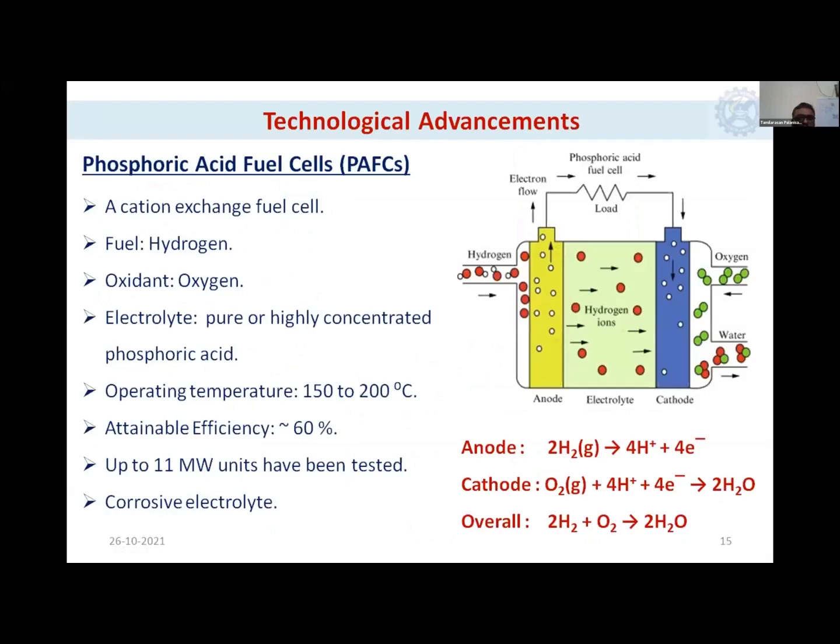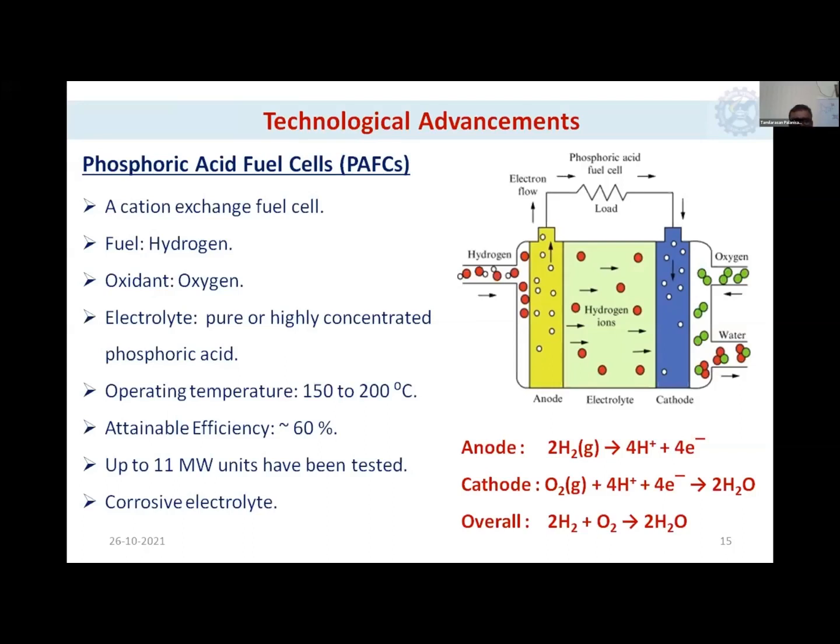Now, the three different devices we have seen are anion exchange membrane fuel cells, or anion exchange medium based fuel cells. Now we will see a couple of examples of cation exchange medium based fuel cells. In that, the phosphoric acid fuel cell is the very early development of cation exchange medium fuel cell.